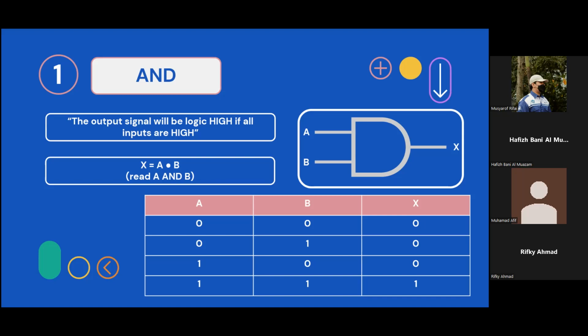If A is 0 and B is 1, the output will be 0 too. If A is 1 and B is 0, the output is 0 too. And last, if A is 1 and B is 1, the output X is 1. Next, Brother Ashraf.